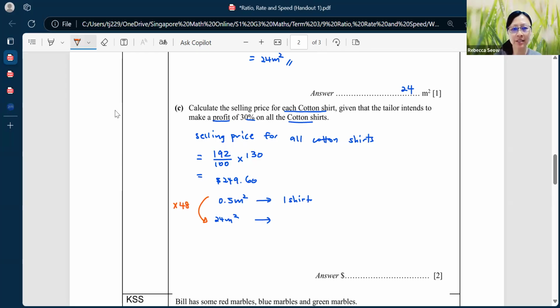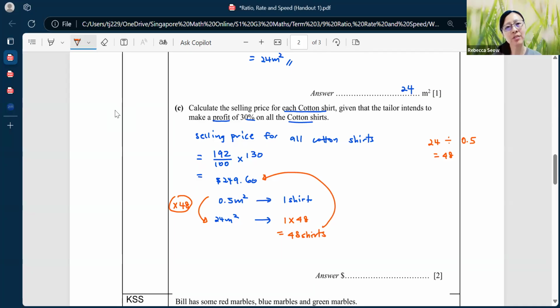That's 48. Now, how did I get 48? To find the number of times taken, we're going to take 24 divided by 0.5, and that gives us 48. Therefore, we have 48 shirts that cost a total of $249.60.